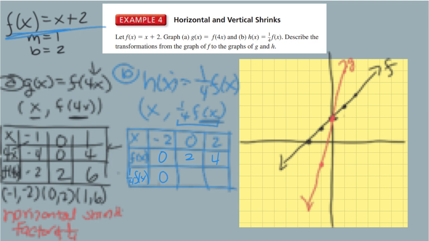And 1/4 times 2 gives me 2/4, which gives me a half.